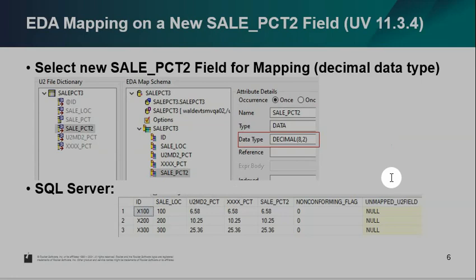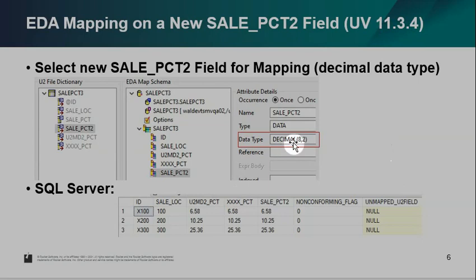The next one is the same thing for the sales PCT2 file. I just want to show you that on the latest Universe, for example 11.3.4, we actually support decimal data type conversion.